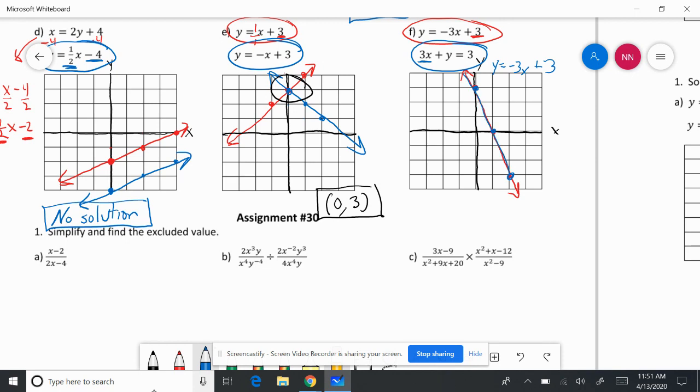I'm looking at this, I notice that it's the exact same line. So that means that it's an infinite amount of solutions.